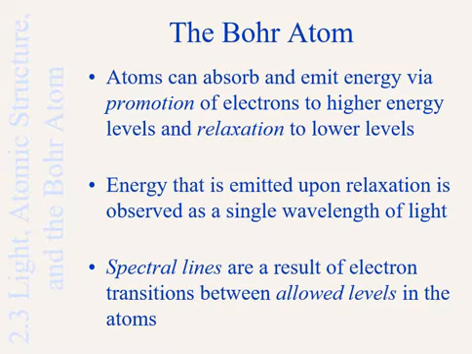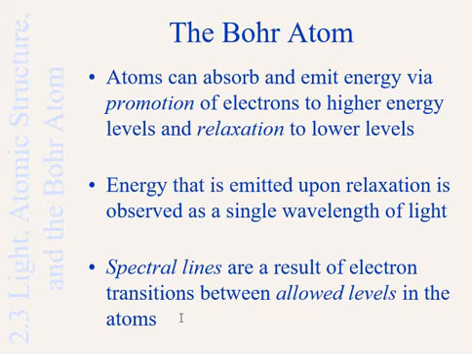So if an electron is in one of the lower levels of energy and you supply it with the right amount of energy, it can absorb that energy, in this case coming from light as the source of energy. But once it's in a higher energy level, it is not going to stay there very long, and it's going to come down to the original, lower level. As it returns to the lower level, it releases that energy in the form of light.